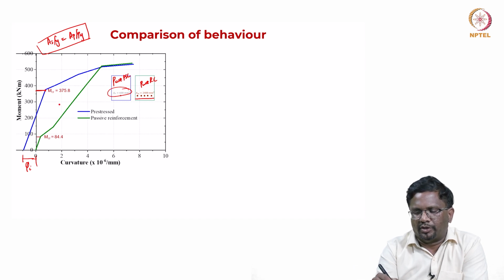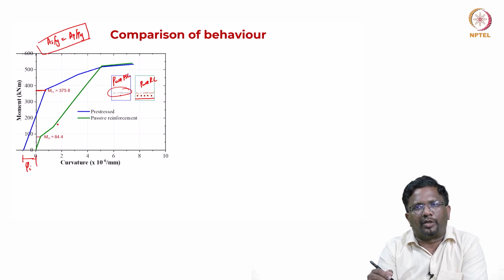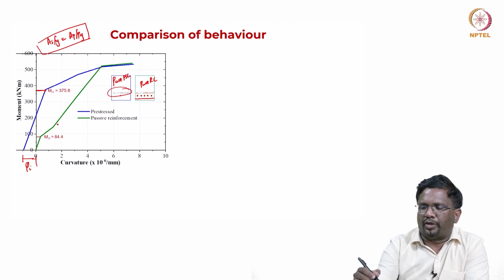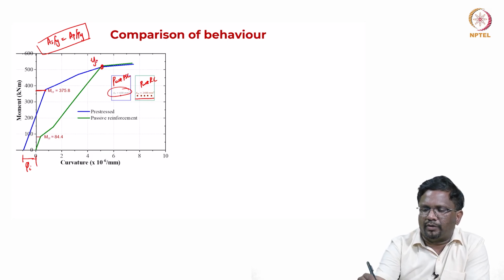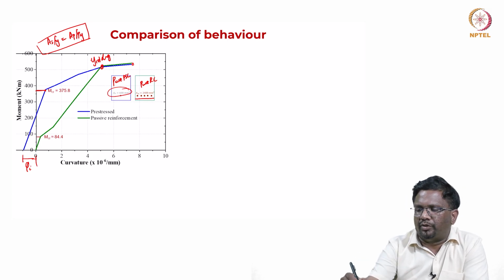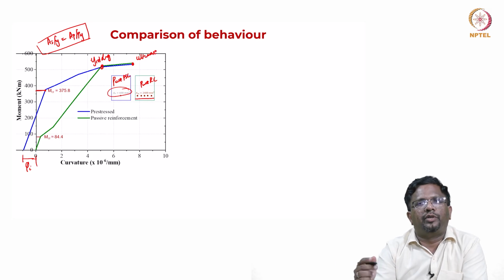That means my cracking moment is going to be much lesser for a reinforced section compared to that of a pre-stressed section. But if you look at the yielding, they give the same moment resistance, and if you look at ultimate, again they give nearly the same capacity.